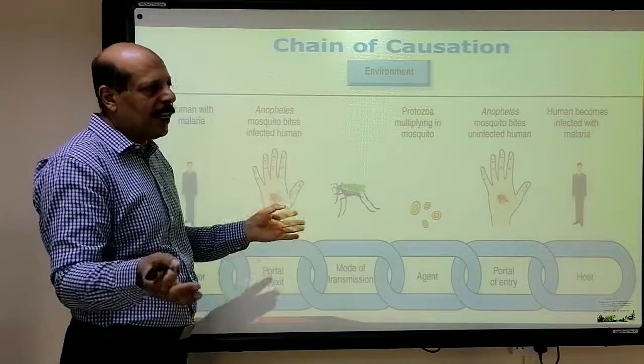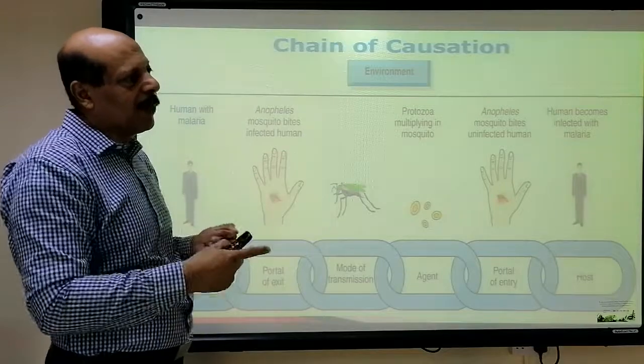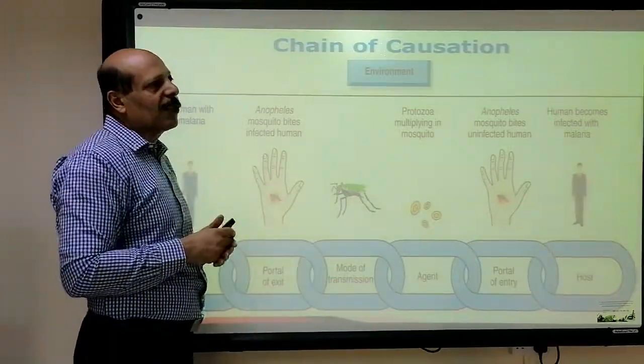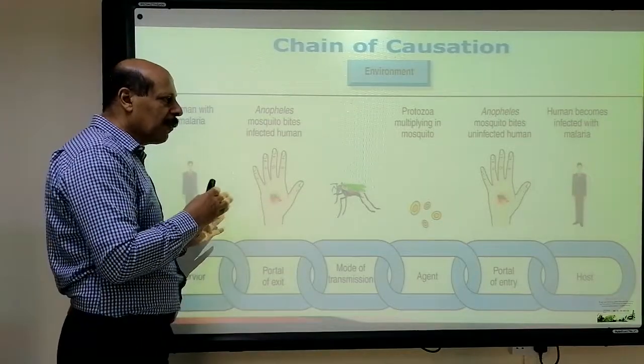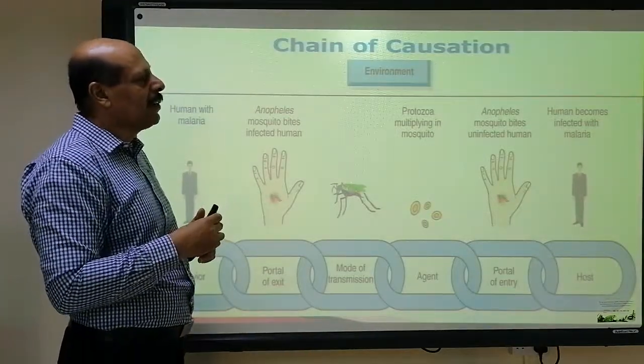If we are not using any of those measures, in this case the transmission will be very high. Crowdedness will lead to more transmission of the disease. So it depends upon the mode of transmission, the way of transmission of the disease.